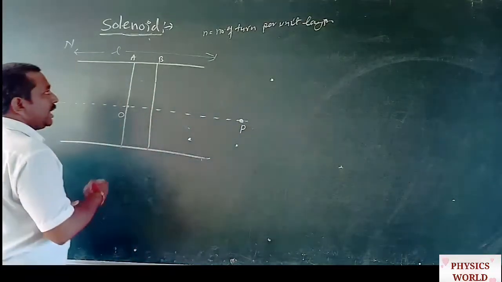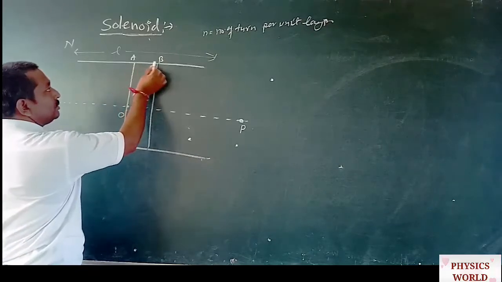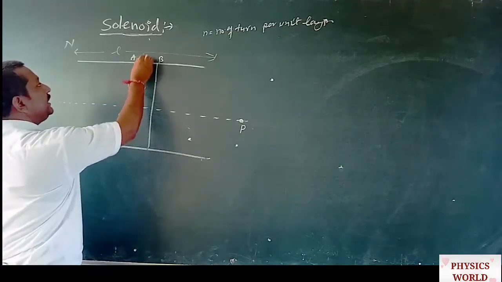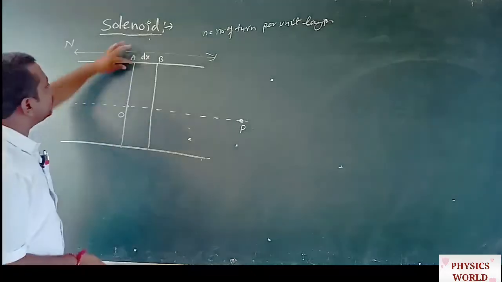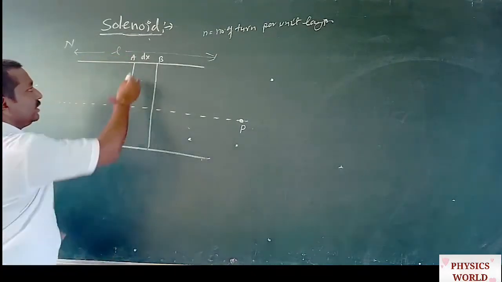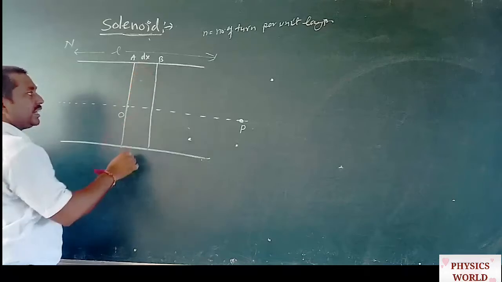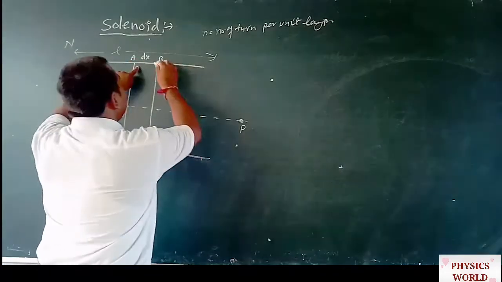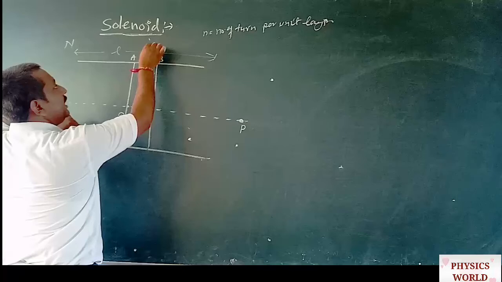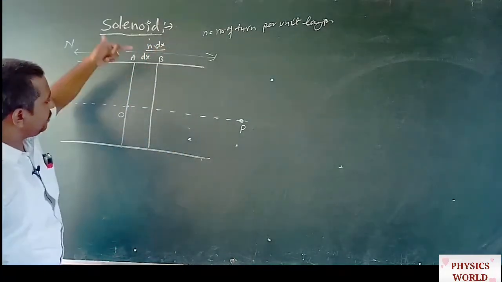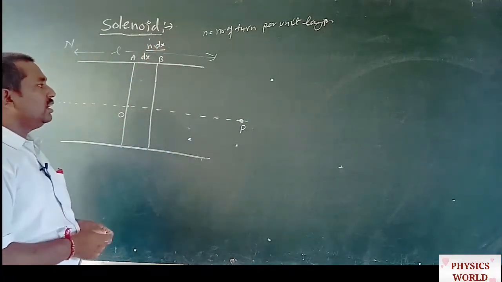So if we assume that the length of this AB width of the solenoid is dx, then how many turns of the wire does it contain? There are n dx turns. So AB contains n dx total turns in this AB width of the solenoid.